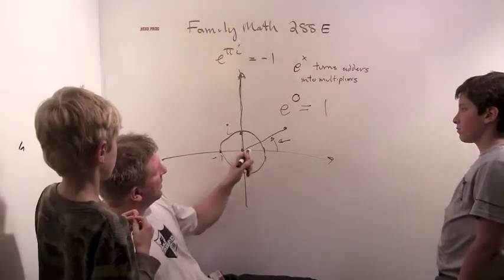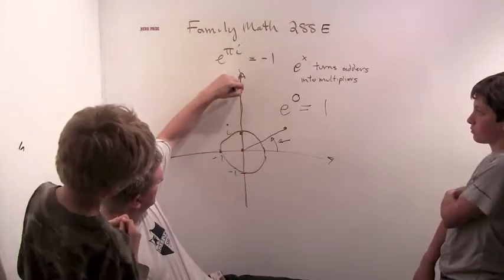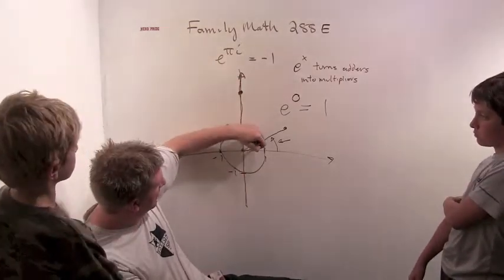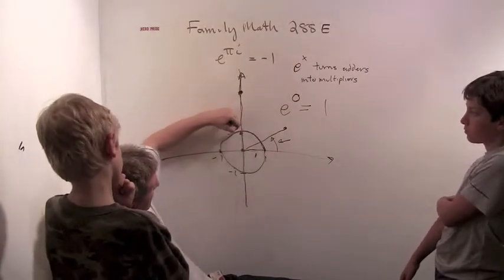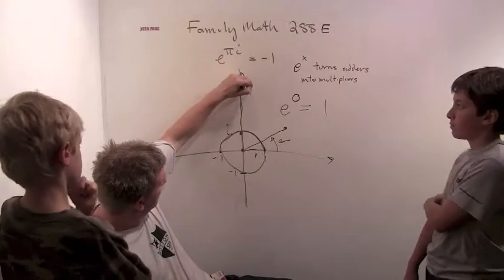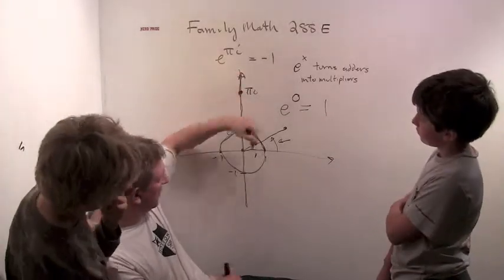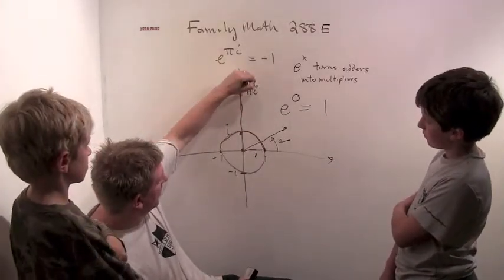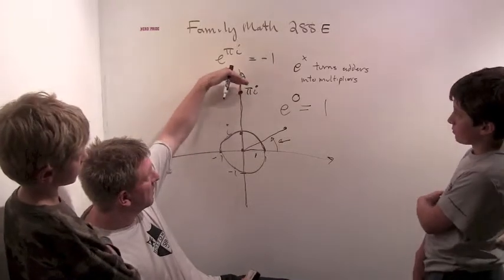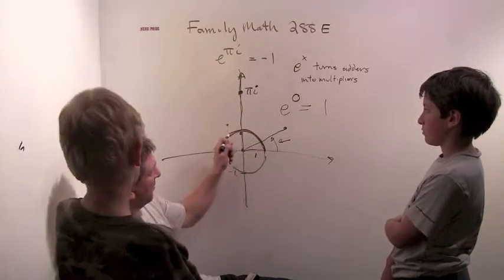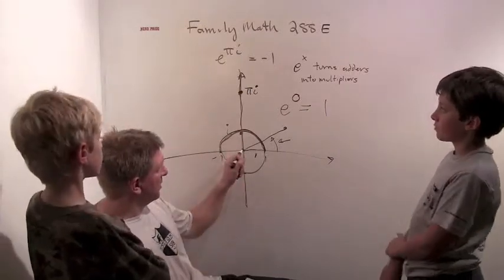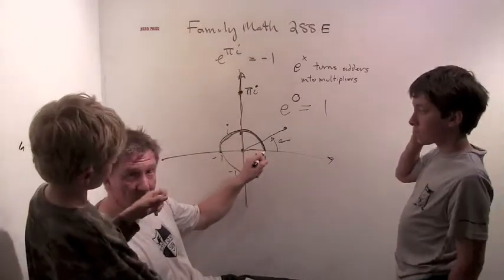So that means that if I have a radius of 1 here, the circumference is 2 pi, so if I go up pi i, the exponential function should turn this into a rotation that goes halfway around the circle. Remember we said 0 went to 1?